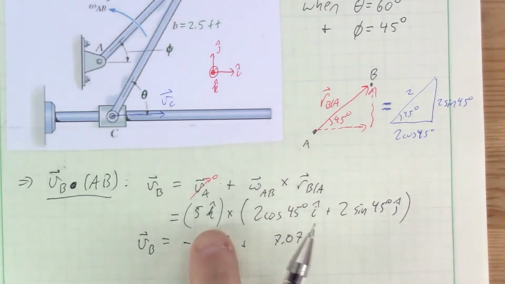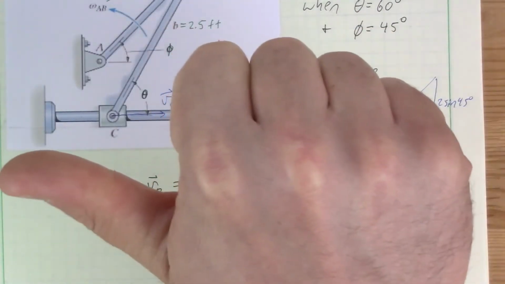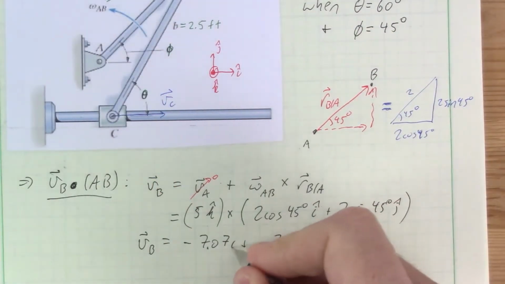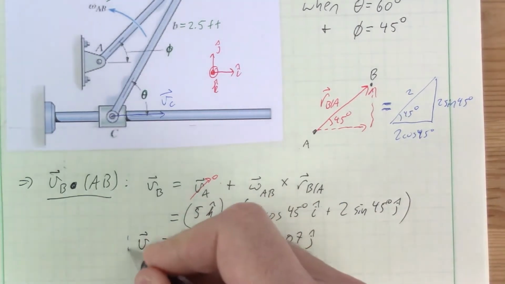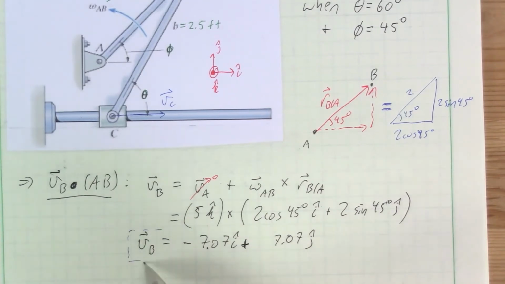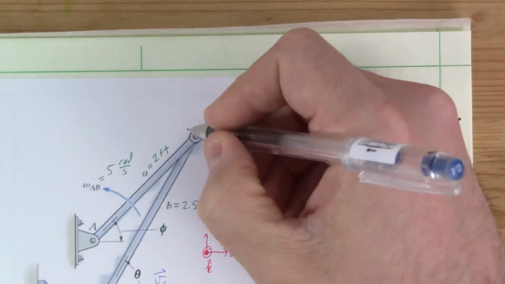Then k cross j is in the negative i hat direction, so we have a negative i hat component. That's the velocity at B, at a 45 degree angle, and we can add that to our diagram. So it heads backward and upward at 45.